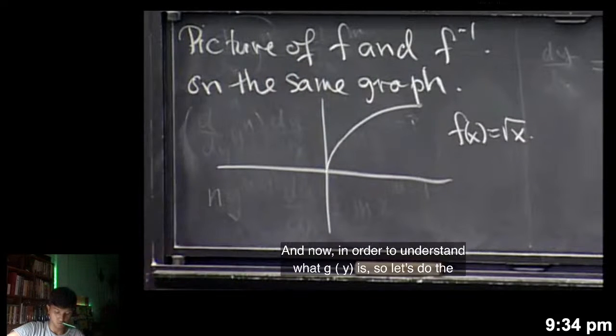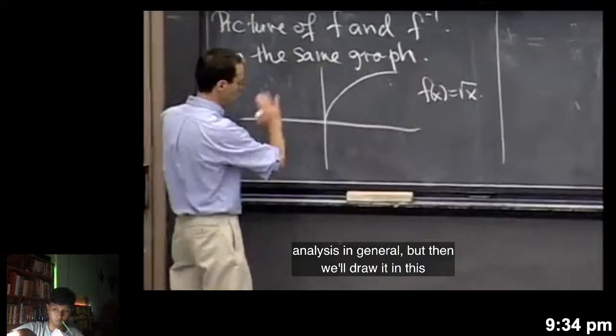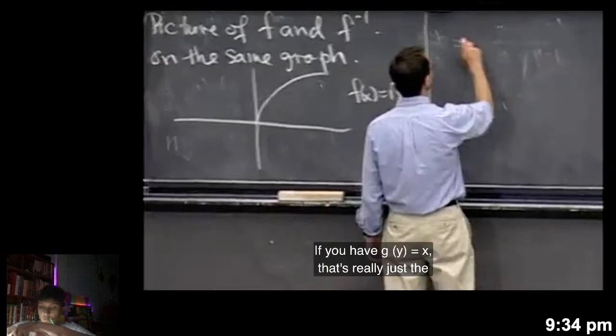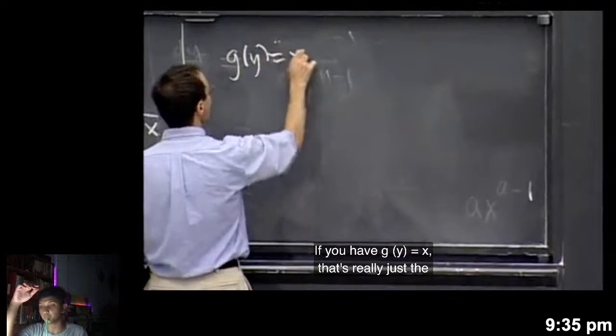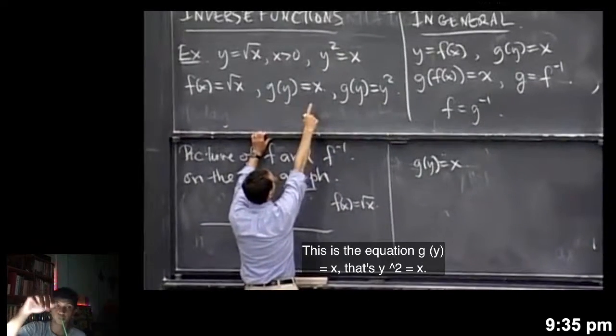And now, in order to understand what g of y is, let's do the analysis in general, but then we'll draw it in this particular case. g of y is equal to x. That's really just the same equation, right? This is the equation g of y equals x. That's y squared equals x. This is y equals square root of x. Those are the same equation.